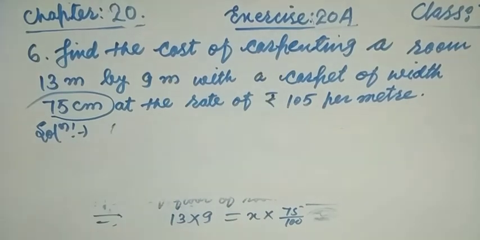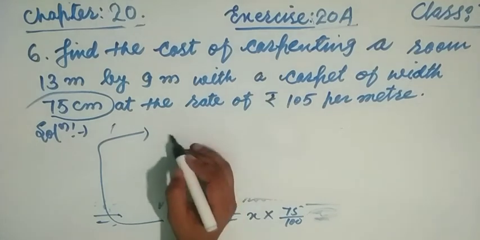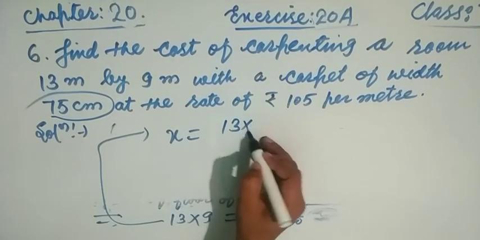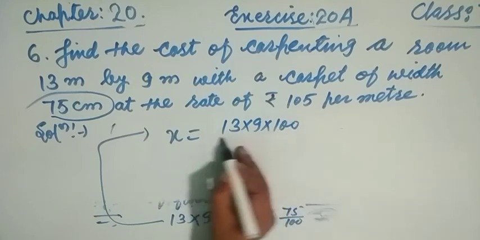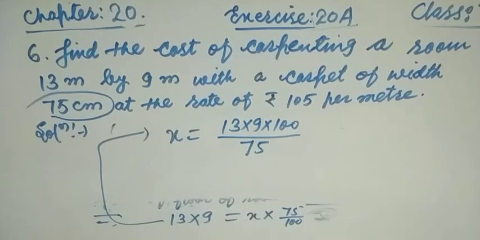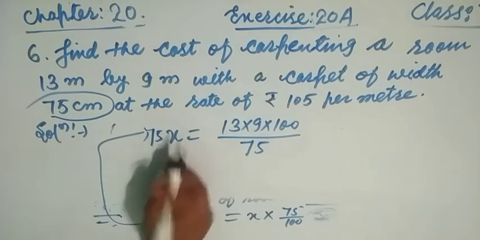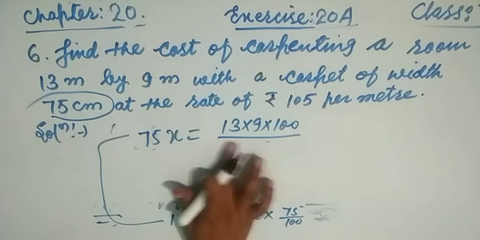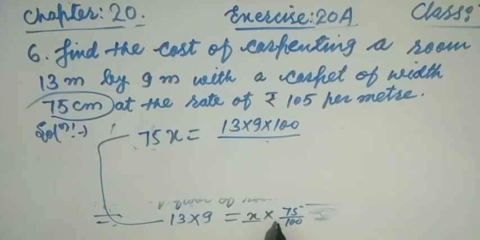Okay, now here friends have a look, this x is equal to, friends, cross multiplication, 13 multiplied by 9 multiplied by 100 divided by 75. Or we can write in the next line, 75x, cross multiplication, this is 75x and here is 1, 75x multiplied by 1, this is 75x.